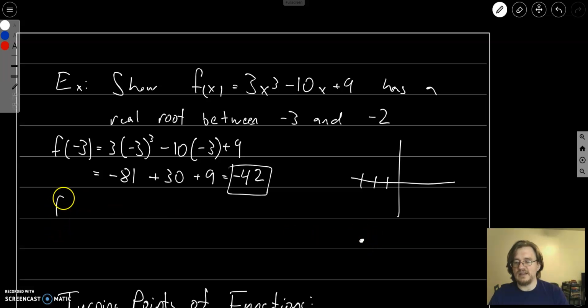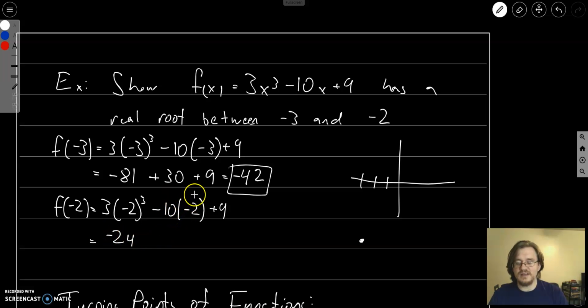But if I plug in -2, I have 3 times -2 cubed minus 10 times -2 plus 9. -2 cubed is -8. -8 times 3 is -24. 10 times 2 is 20, and I have 2 negative signs, so that's going to cancel out and give positive 20 plus 9. -24 plus 20 is -4, plus 9 is 5.